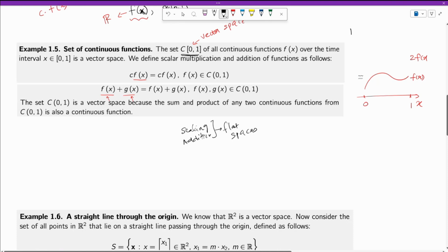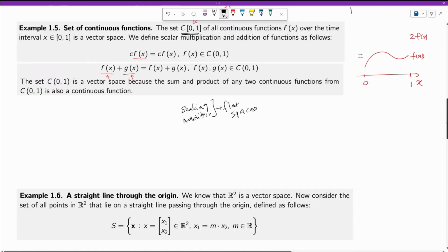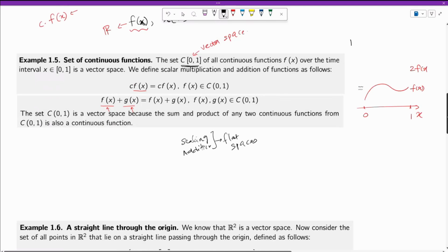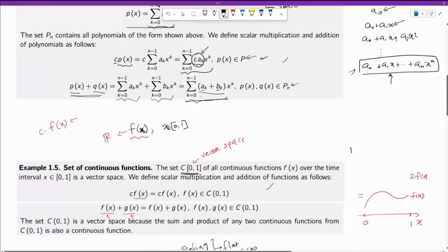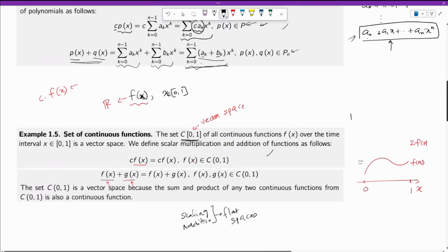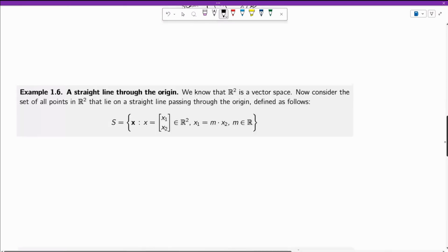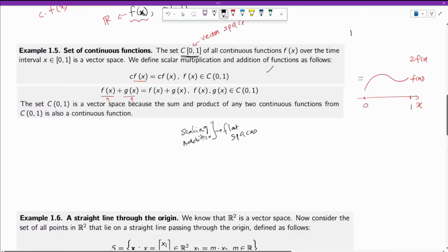So in a way, it goes on to say that a set of polynomials and a set of continuous functions all form flat spaces. If you take subspaces in these original big spaces, they will all be flat geometrically. There is no curvature to them. So that's essentially some examples of how you would verify if a given set is a vector space or not.